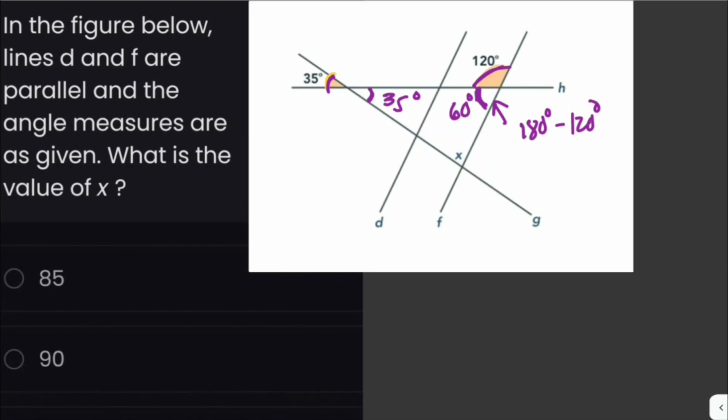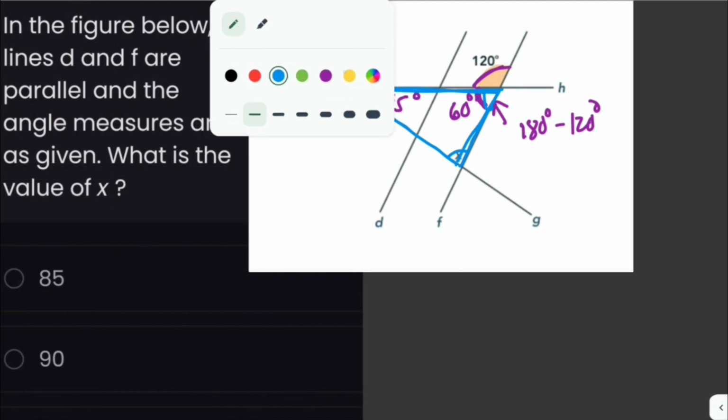And now we can solve for the value of X. Notice that we formed a triangle here, right? And we already have the values of the 2 angles. Now we can solve for the other angle, which is X. And we know that the sum of the measures of the angles inside a triangle is equal to 180 degrees.